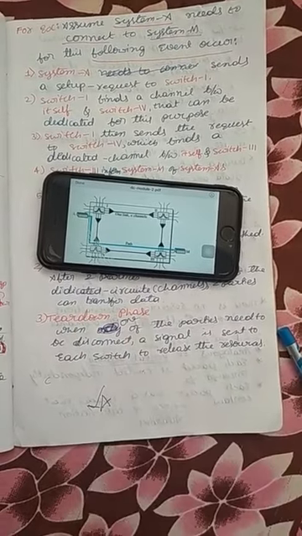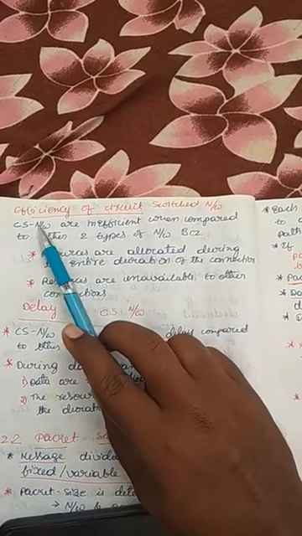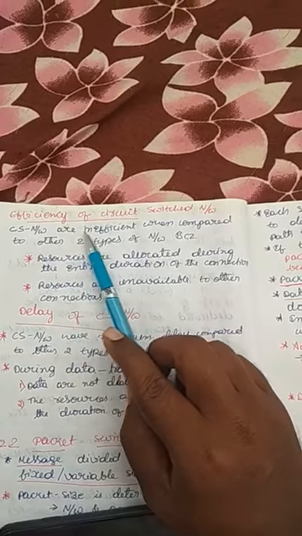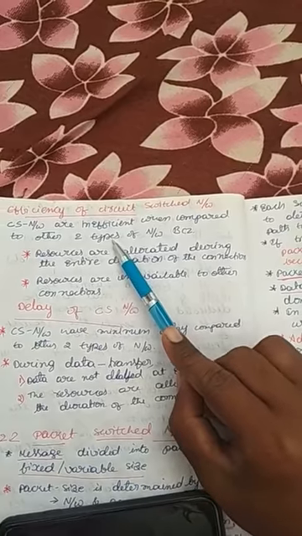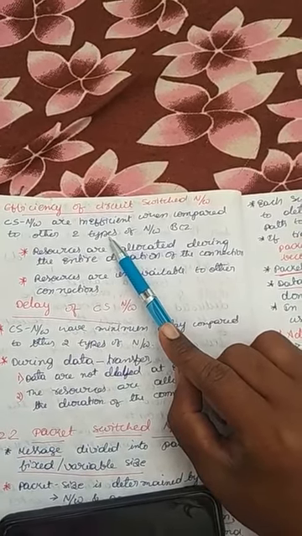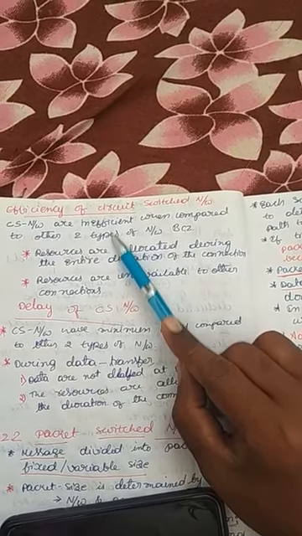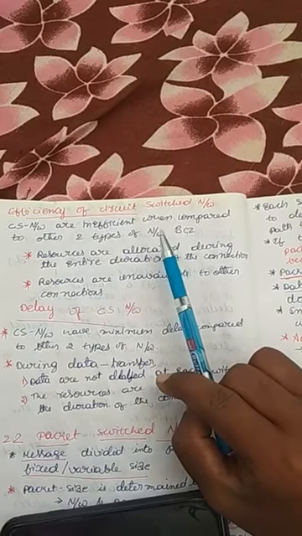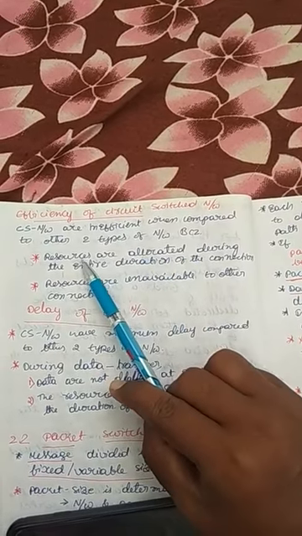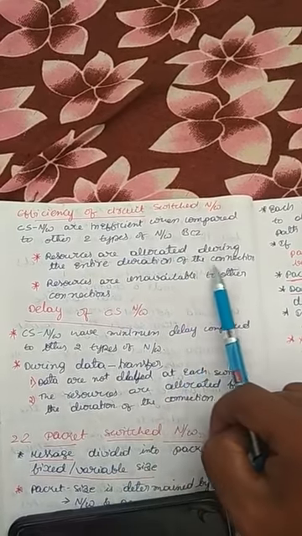Next is the efficiency of a circuit switched network. Circuit switched networks are inefficient when compared to the other two types, packet switched and message switched. Why? Resources are allocated during the entire duration of the connection.